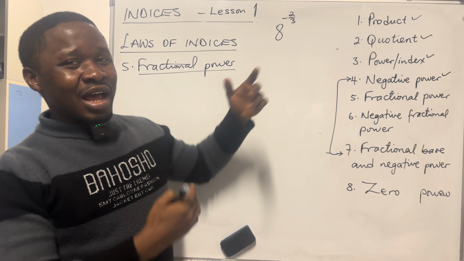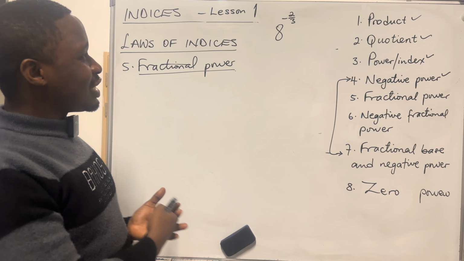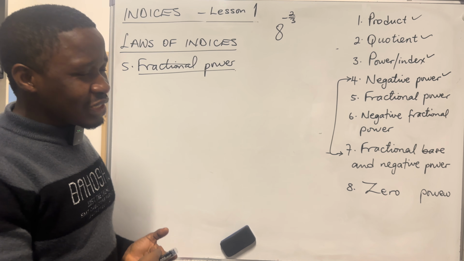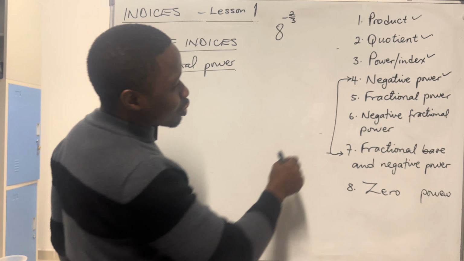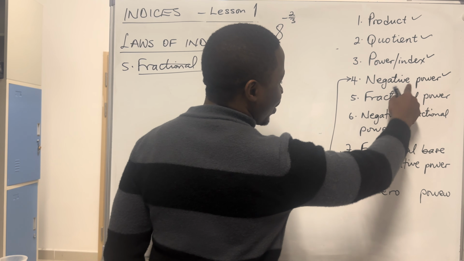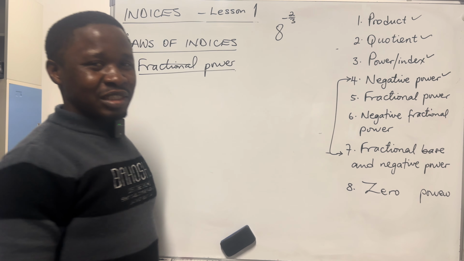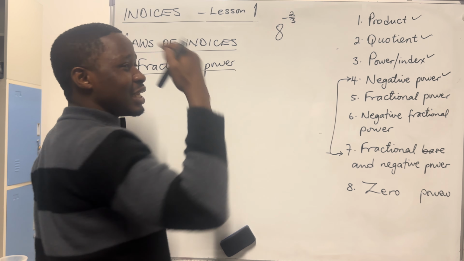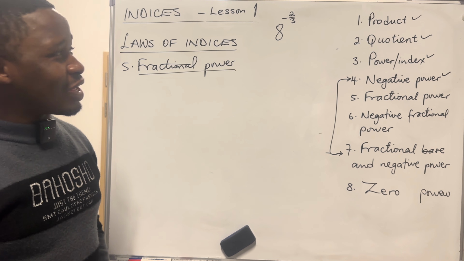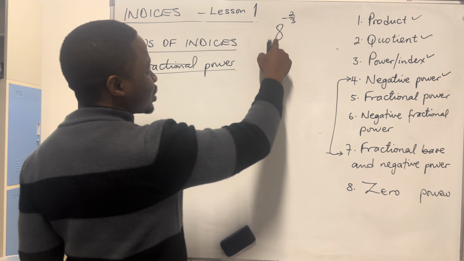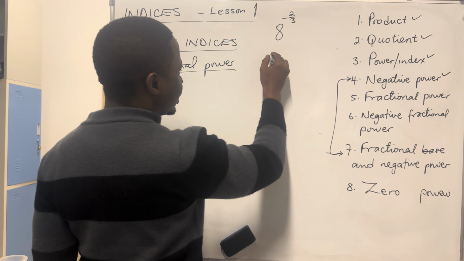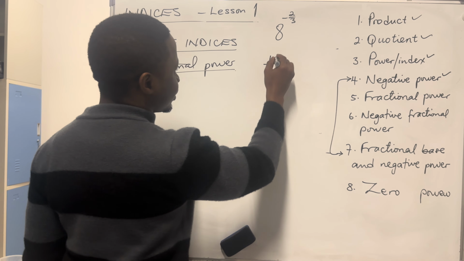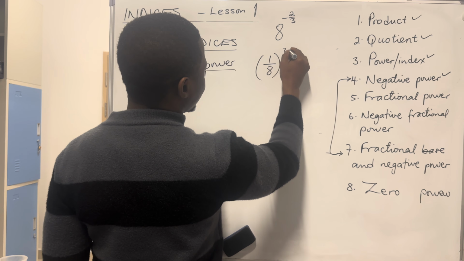The power is a fraction actually, but it is negative now. So we consult what we did here, fractional base and negative power. Once the power is negative, what do we do? If you can recall again, we consider the inverse of 8. What is the inverse of 8? It's 1 over 8. So now raised to 2 over 3.